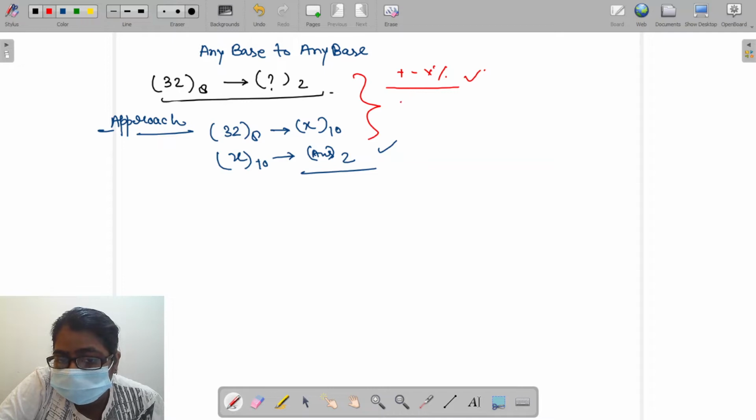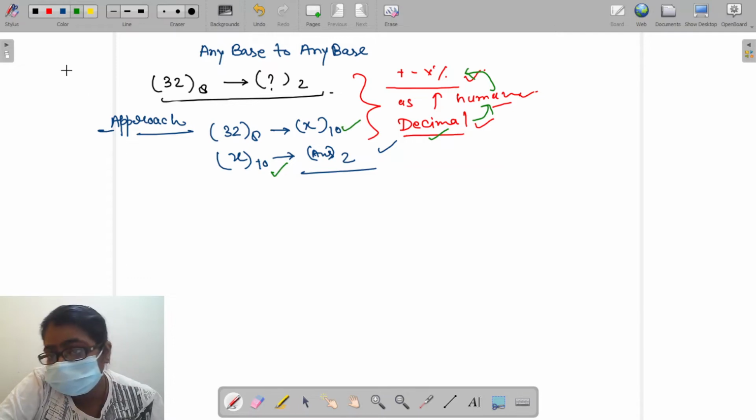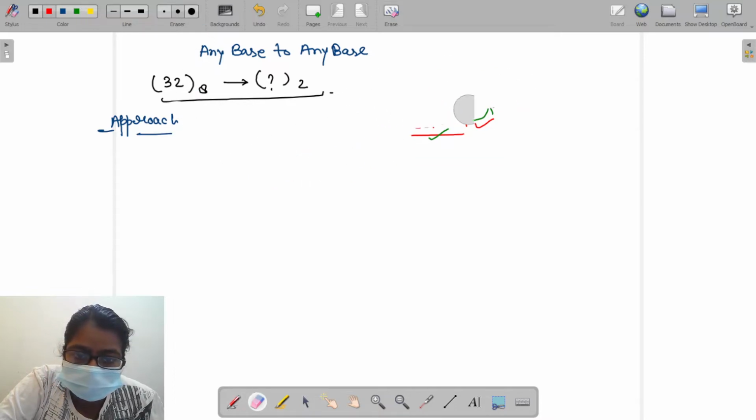These operations were developed by human beings, who have been familiar with the decimal number system for a long time, so all these operations are based on the decimal number system. That's why the involvement of the decimal number system becomes necessary during the conversion. I hope the approach and the reason are clear to all of you.